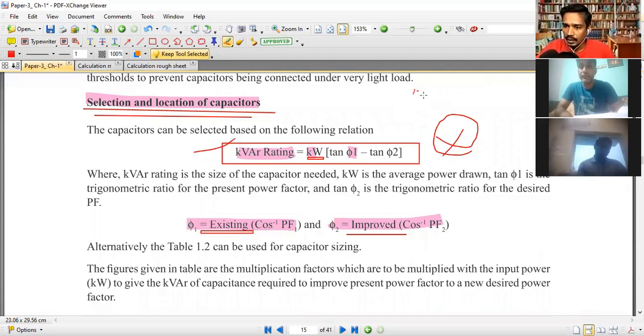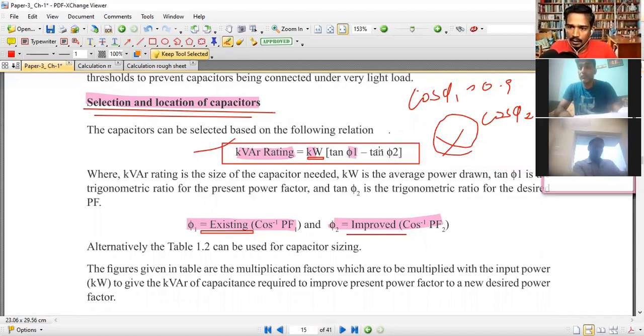You want to improve the power factor, cos phi, which is 0.9, to a new value. This is the formula. You need to calculate tan phi 1 and tan phi 2, where phi 1 is the cos inverse of power factor 1, and phi 2 is the cos inverse of power factor 2. You have to calculate these values.